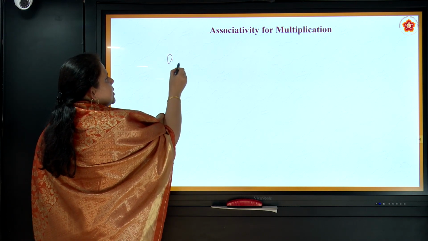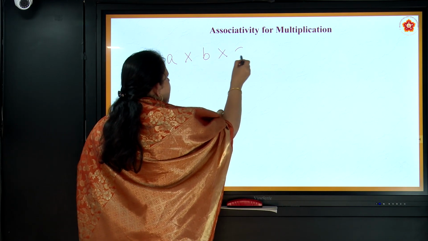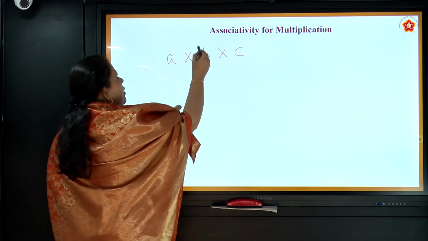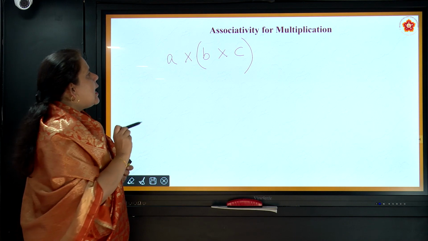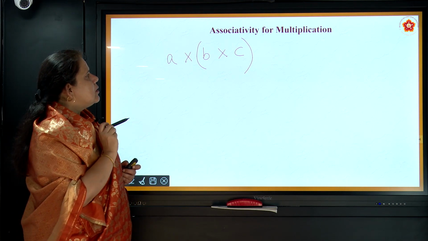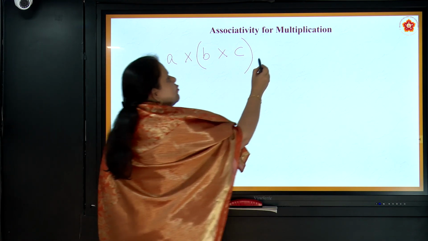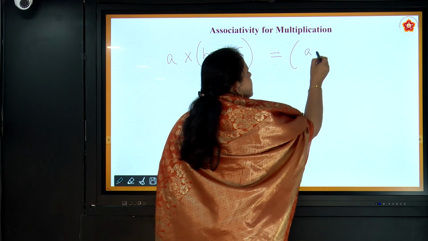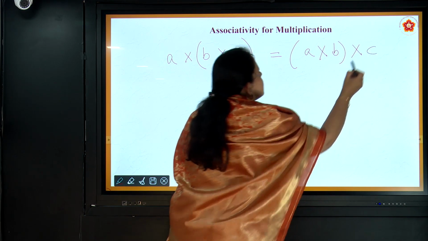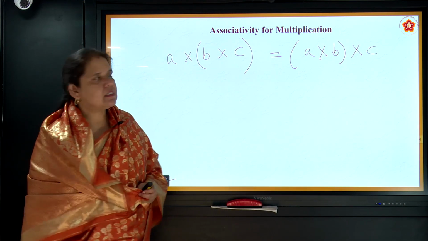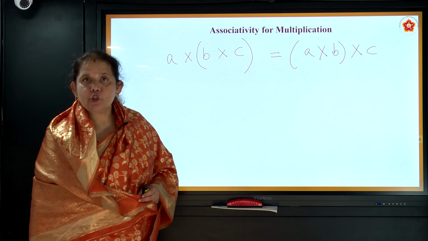If we have 3 numbers, we are multiplying A, B and C. Whether we take B and C first and multiply the answer of B and C, that is the product of B and C, by A, or we do it this way, that is first we multiply A by B and whatever answer we get, multiply that by C, we will get the same answer. So this is the property of associativity.